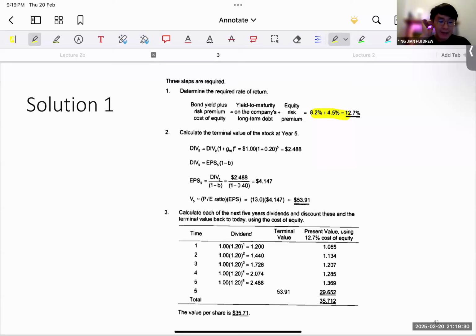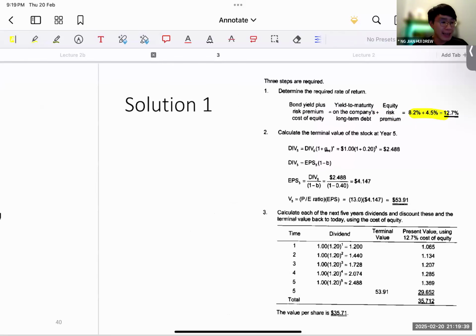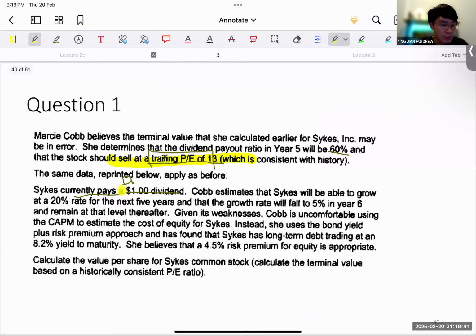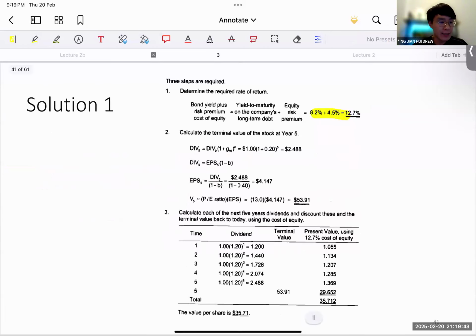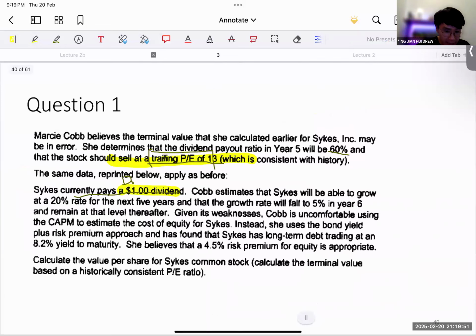Thereafter, we want to determine the various dividends being paid out in year one, year two, year three. We know that at the start, D naught is $1. So we can determine the dividend paid out in year one, year two, year three, year four. Let me just confirm again how many years.